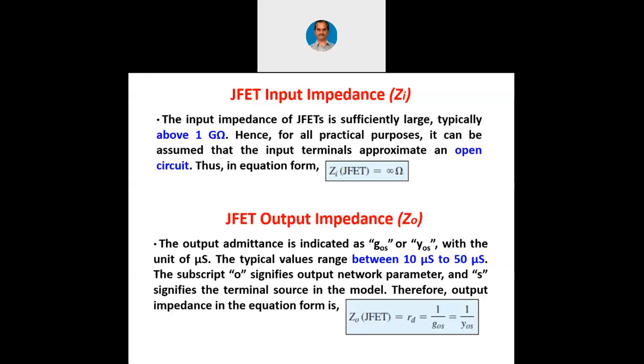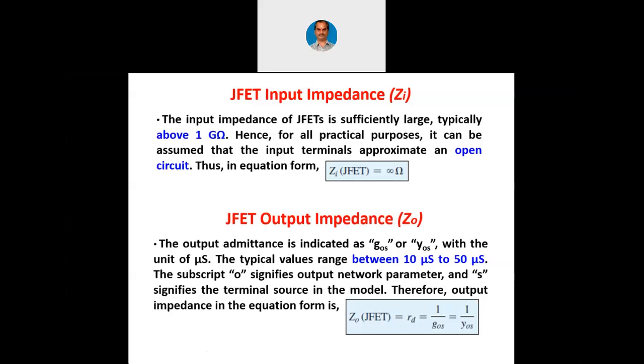So naturally, whenever we cascade the circuits or when we connect two amplifiers in series, when the input impedance of the next stage is going to be larger, naturally we want the output impedance of the previous stage also to be larger. That way JFET is helping us. But now you may ask me, sir, you only told me that output impedance has to be ideally 0.